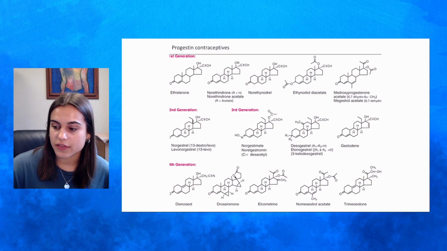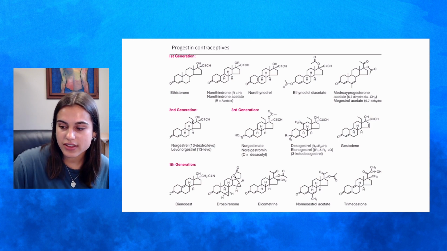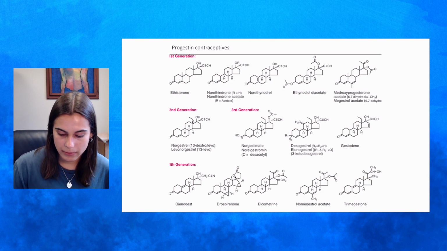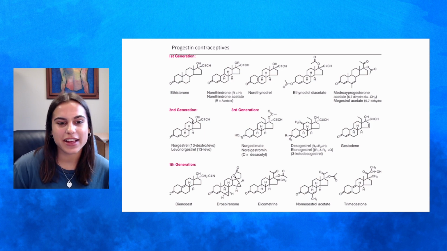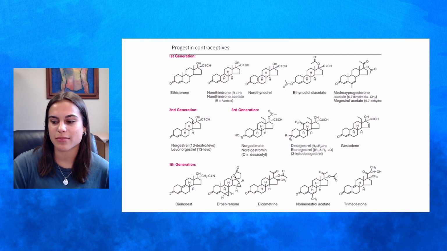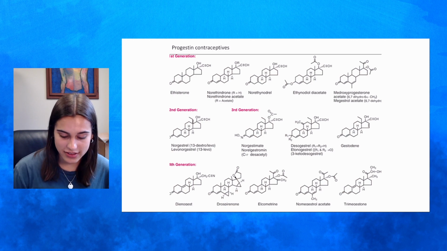And then for the third generation progestins, norgestimate was the first drug that metabolized into an active progestin metabolite. It metabolized into norelgestromin, and it also metabolized into the second generation one I talked about, levonorgestrel.